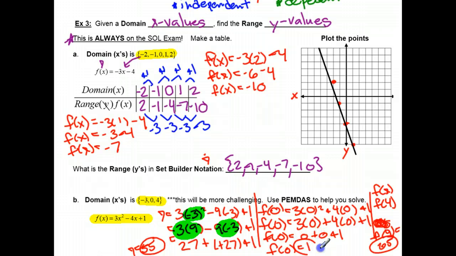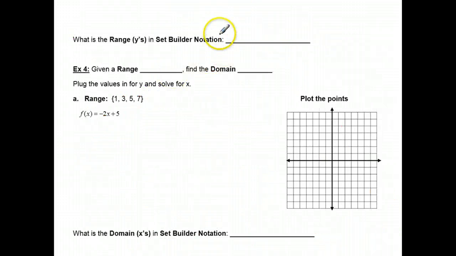Alright, so these are the three values we got when we plugged in those domain values. Alright, so to put them in set builder notation now, let's go back and look again.